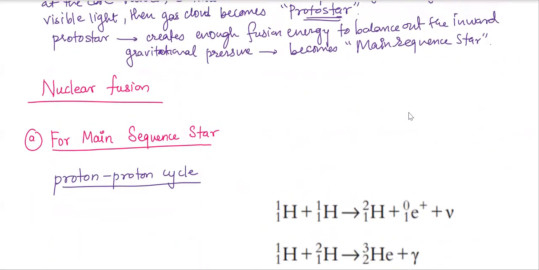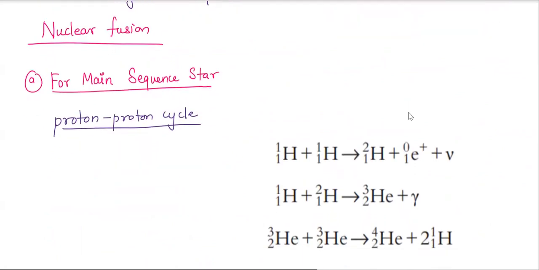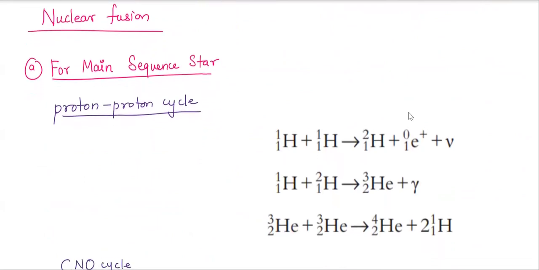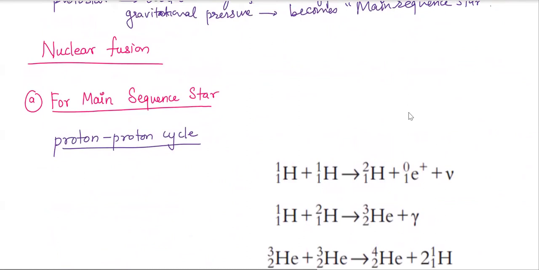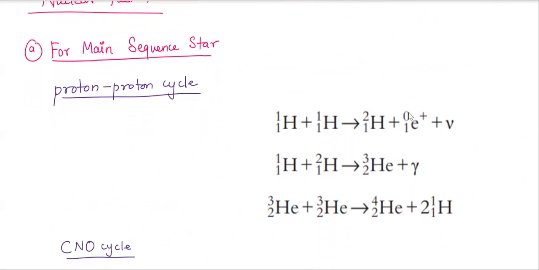Inside a main sequence star, fusion is happening continuously. For stars like our sun, the proton-proton cycle is the main fuel because it converts hydrogen to helium. The process goes like so. Two hydrogens fuse to form hydrogen-2, an isotope of hydrogen, plus a positron and a neutrino.